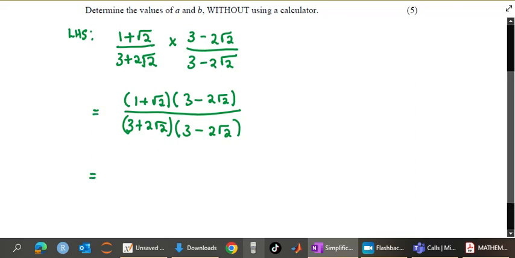Okay, 1 times 3 becomes 3, 1 times minus 2 root 2 becomes minus 2 root 2, and then root 2 times 3 becomes plus 3 root 2, and root 2 times 2 root 2, so root 2 and root 2 will cancel, to be minus 2 times 2.